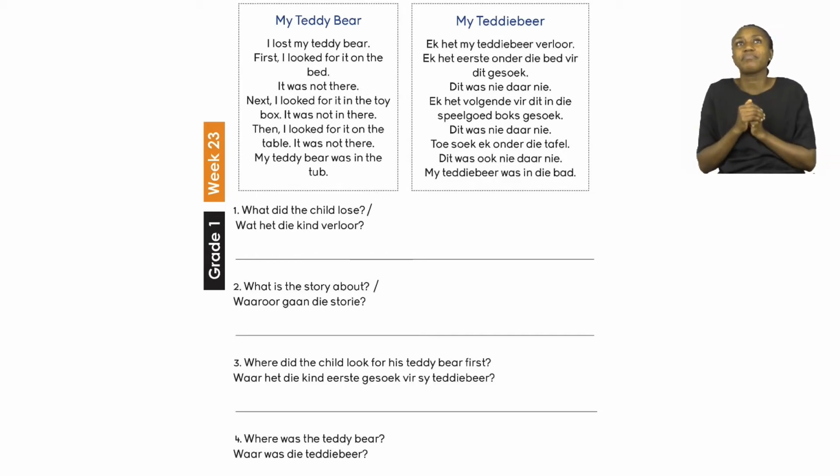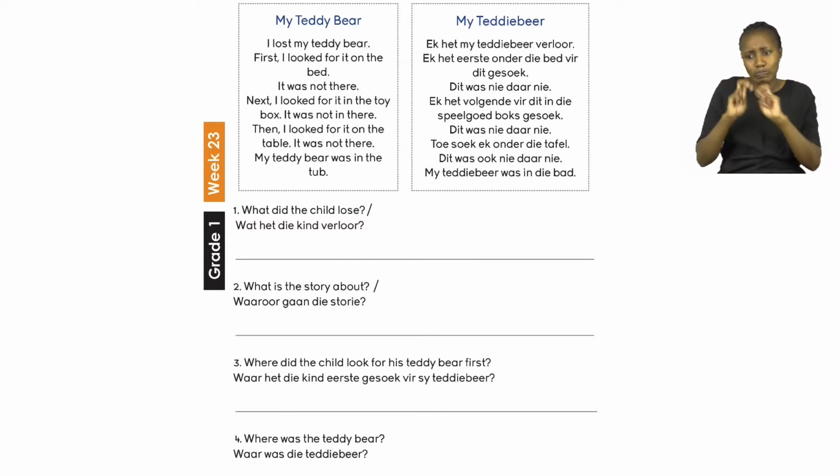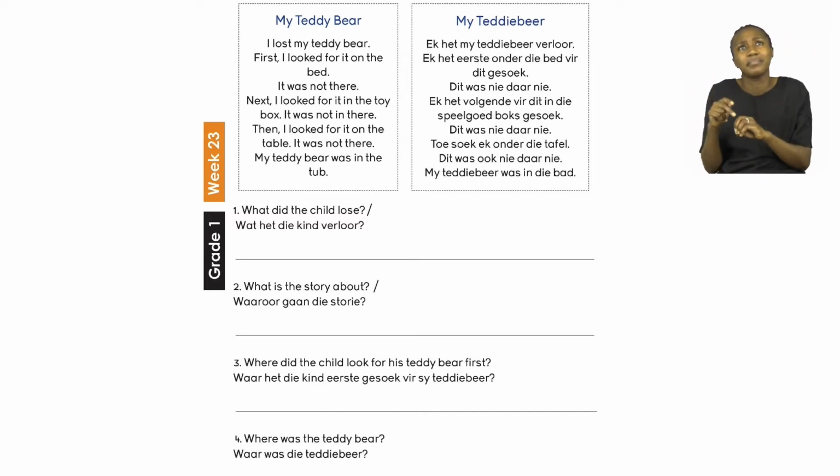My teddy bear. I lost my teddy bear. First, I looked for it on the bed. It was not there. Next, I looked for it in the toy box.